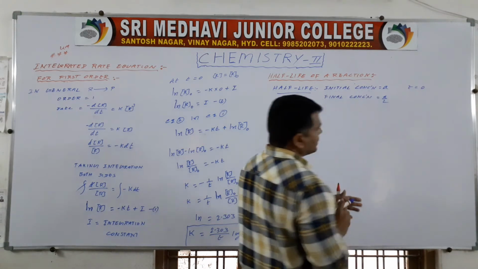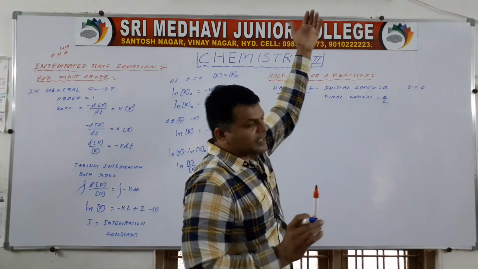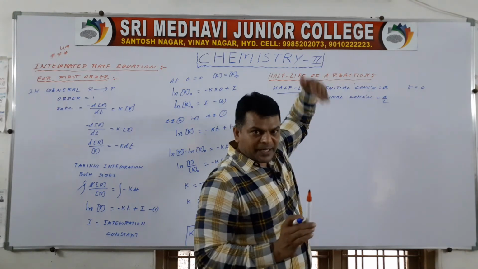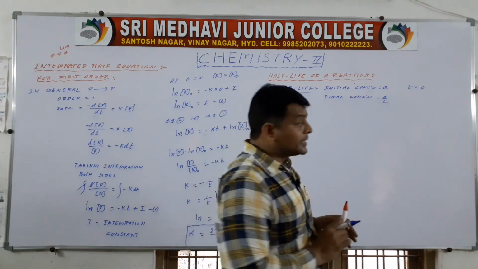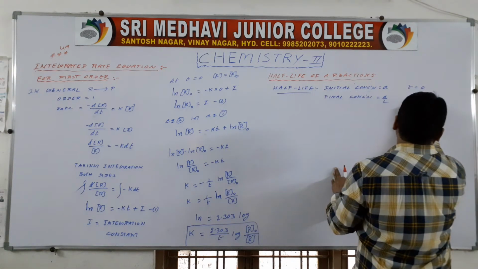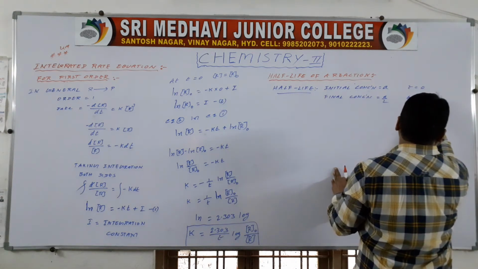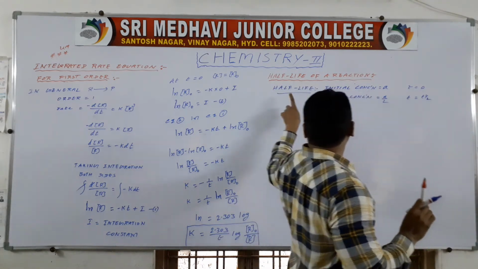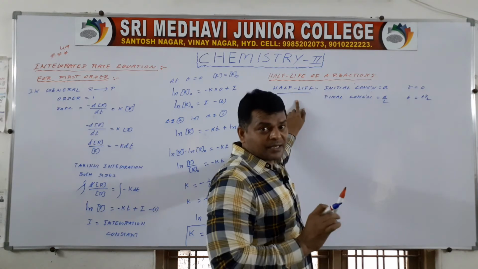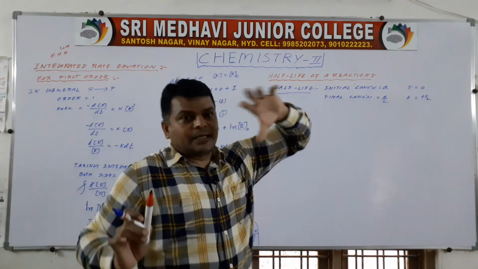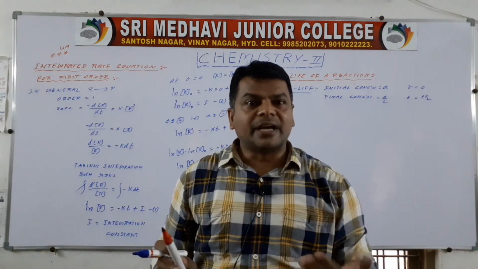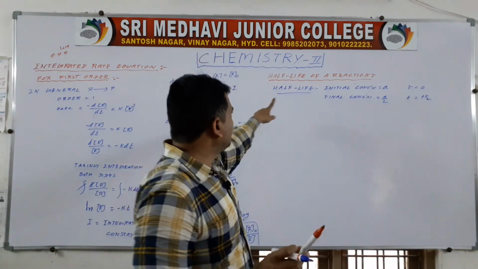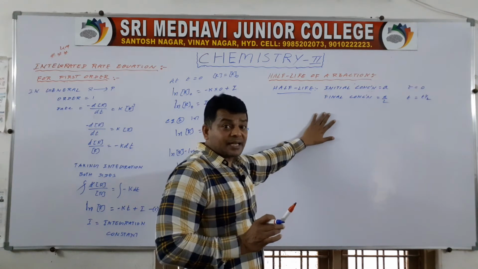After some time the concentration will be reduced to half, A by 2. Then what is the time? t equal to t half. This t half is called half life of a reaction: the time period in which the initial concentration is reduced to its half.